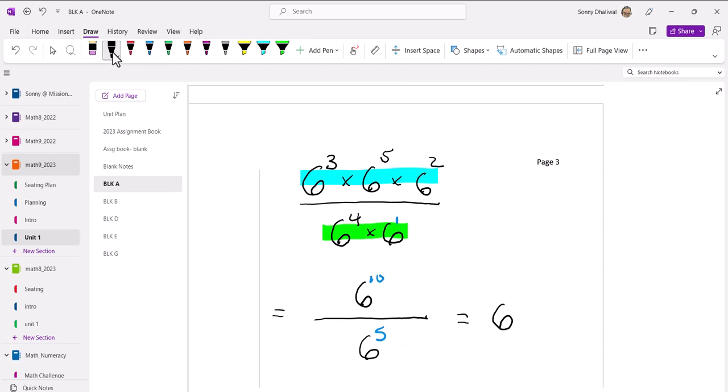Are we adding or are we subtracting? Austin, subtracting, because a fraction line means to divide. So we go 10 minus 5 is 5. You took a really complicated one and took it all down. So the process is: clean up the top, clean up the bottom, then clean up the top and bottom together. 6 to the exponent 5.